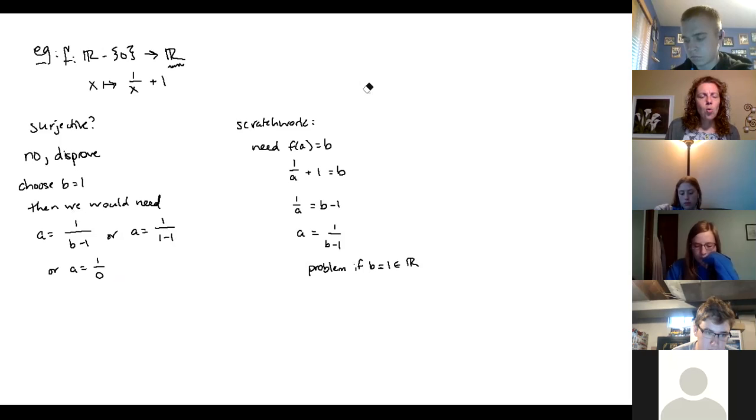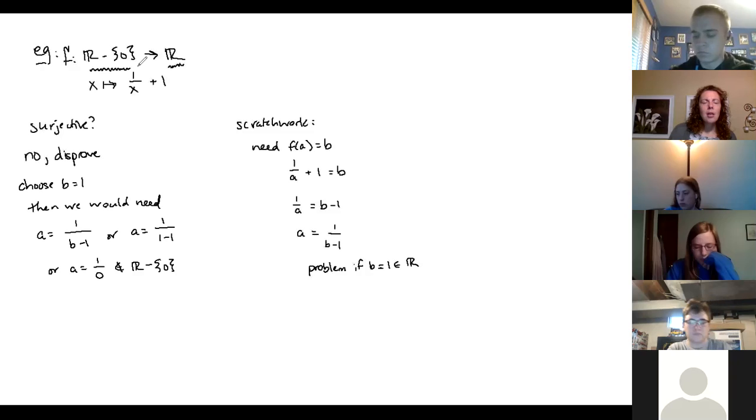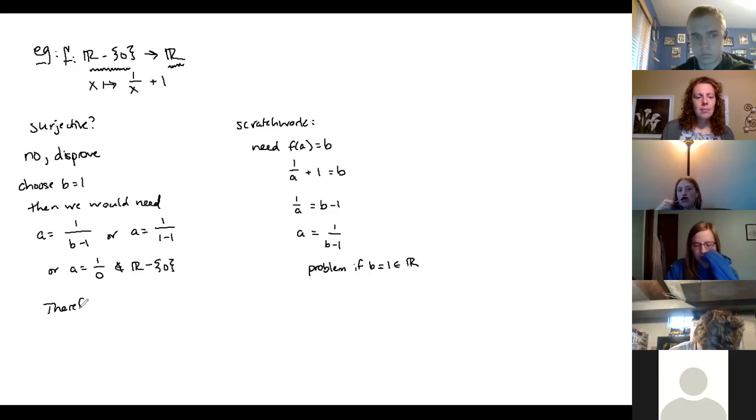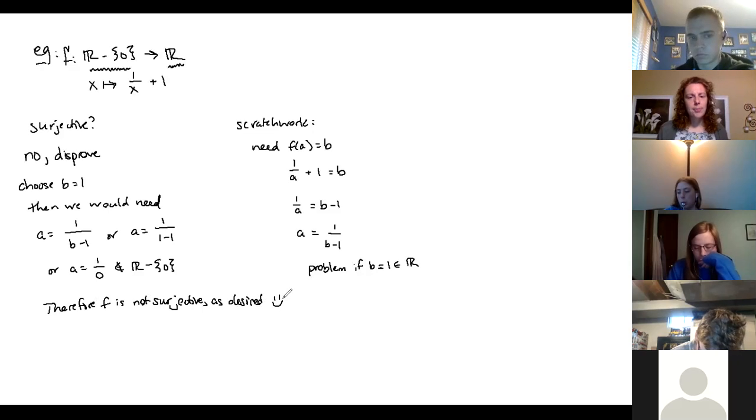We're going to do it this way: 1 over 0 does not live in the real numbers without 0, right? A is supposed to come from my domain, from the real numbers without 0, but 1 over 0 doesn't live there. So therefore, f is not surjective, as desired. Since it was a prove or disprove, doesn't matter which one we do, we just got to do one of them.